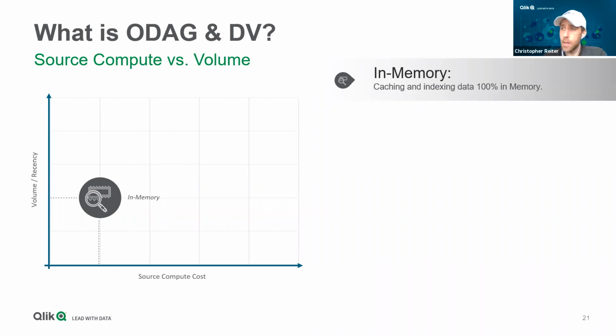And what we found is with Qlik, an in-memory approach is very efficient, very cost effective, because memory and in-memory technology is just inherently faster than disk-based technology. So from a cost perspective, keeping things in memory is actually very, very low cost. You can do a lot with a little.